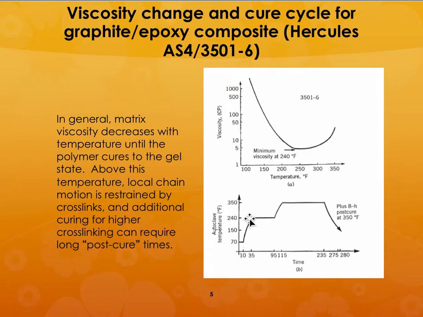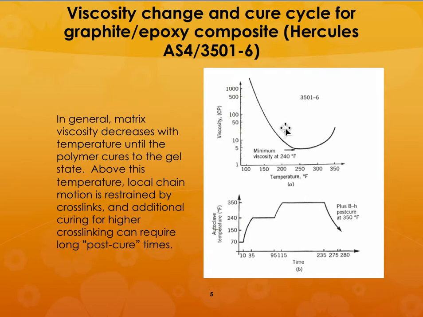Then you start increasing it, you go to 240, you hold it there for maybe about an hour or so, and then you take it to 350 degrees F and hold it for maybe 2 or 3 hours, and then you cool it down. Okay, and then you may also do some post curing in order to make sure that the cross linking is complete.